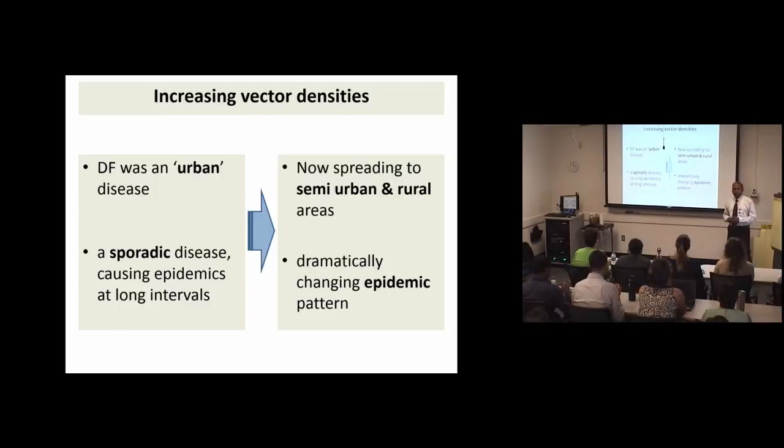Initially, dengue fever was known to be an urban disease affecting more crowded areas, but now it has moved to semi-urban and even rural areas. Initially those appeared as sporadic cases with epidemics at long intervals, but now everything has changed. Case numbers are ever rising, and we have outbreaks every 2 years.